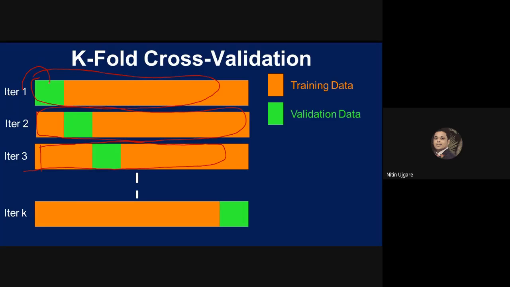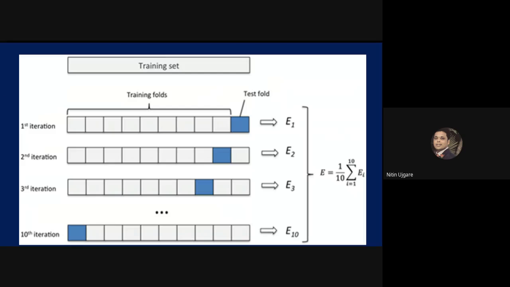I have explained it, and there is one more figure that I have put in where you can easily understand this. Let's say that there are 10 folds. We have decided the value of k to be 10. For example, I'm just taking an example where there are 10 samples.